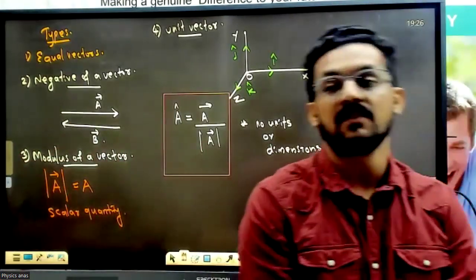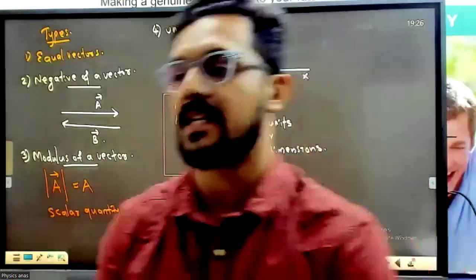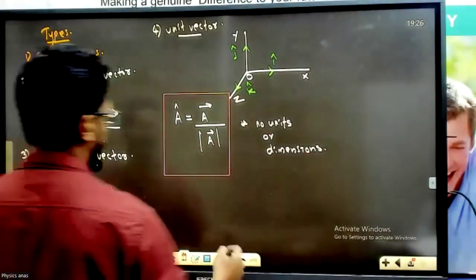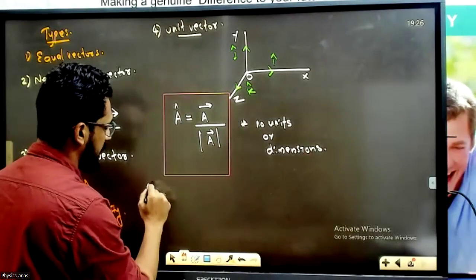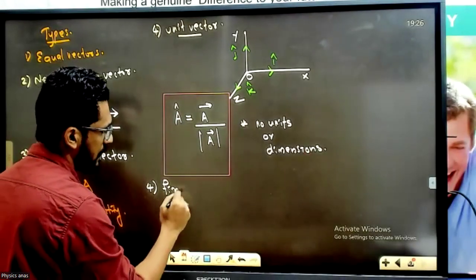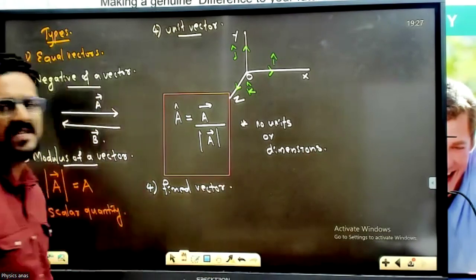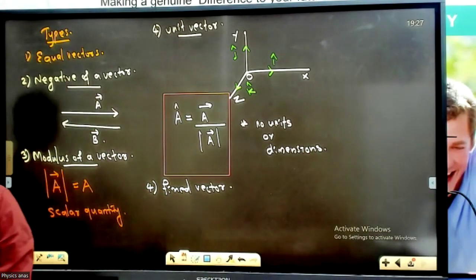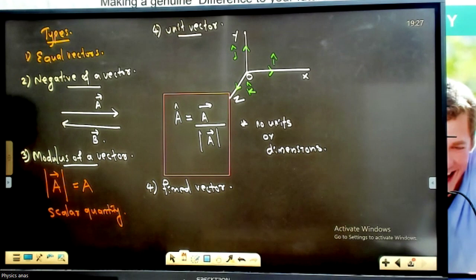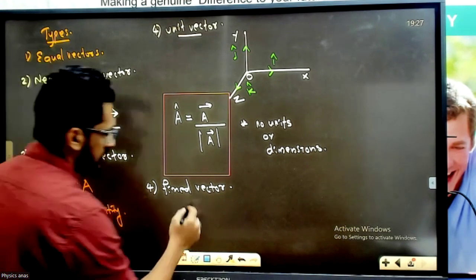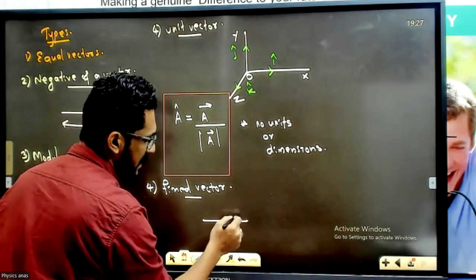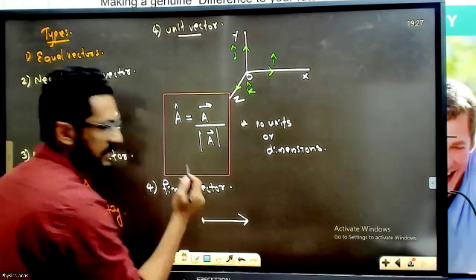And then there are fixed vectors. What is a fixed vector? Write it. A fixed vector means its initial point is fixed. You cannot move it. Its initial point will be fixed.